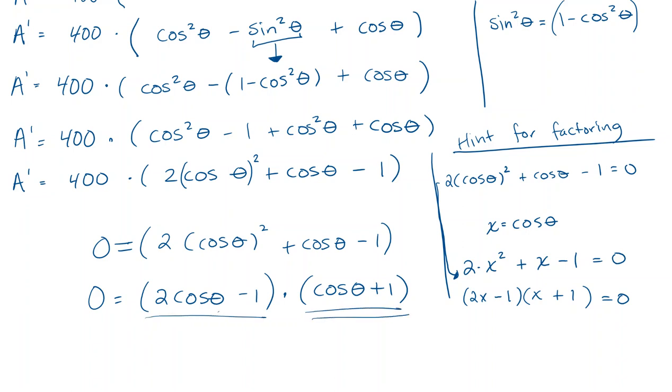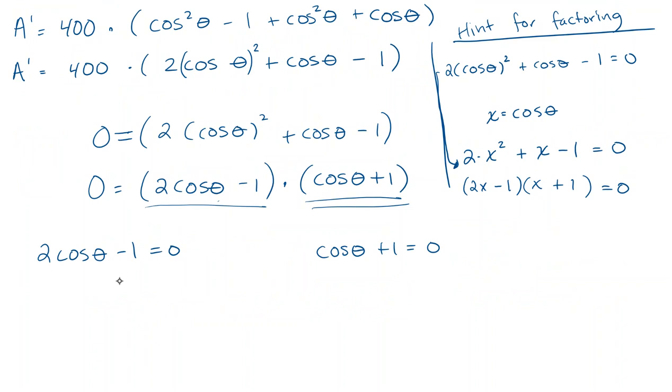Let's consider those cases. For the first one, we would add 1 to both sides. 2 cosine of theta equals 1. Divide both sides by 2. And we would get cosine of theta equals 1/2. And we would just think, what values? Remember, if we're starting with a piece of metal that's flat, and then we're lifting it up, we would consider lifting it everywhere up to about 90 degrees.